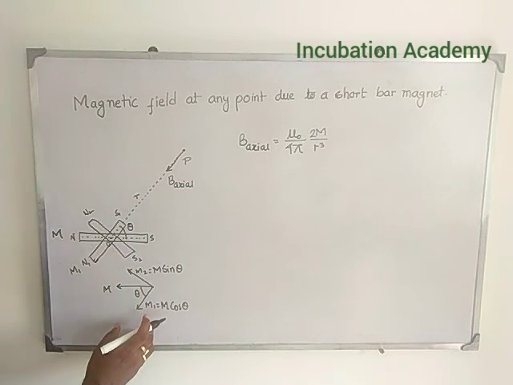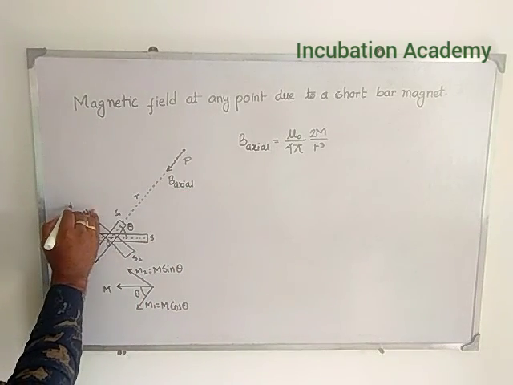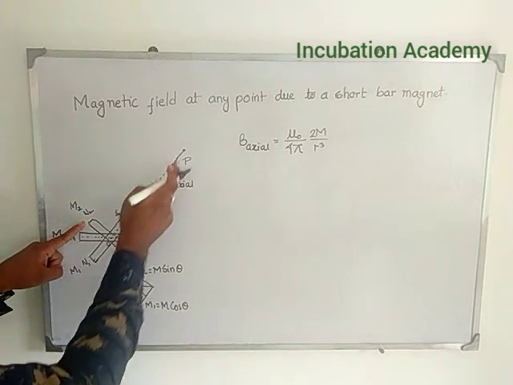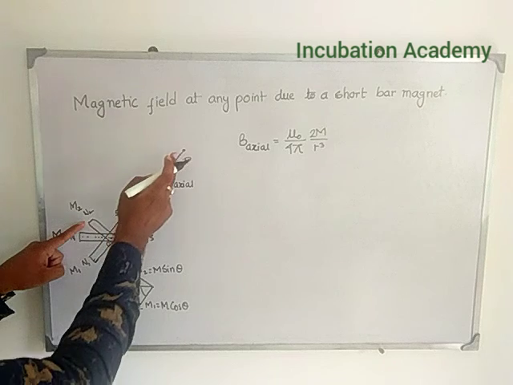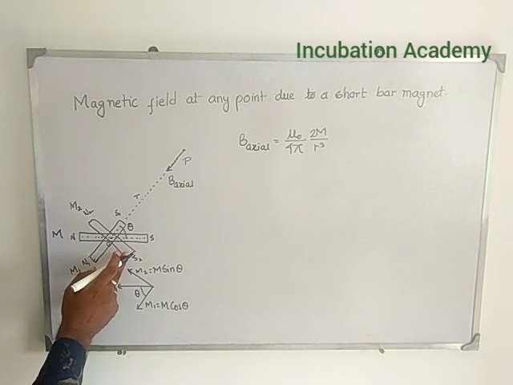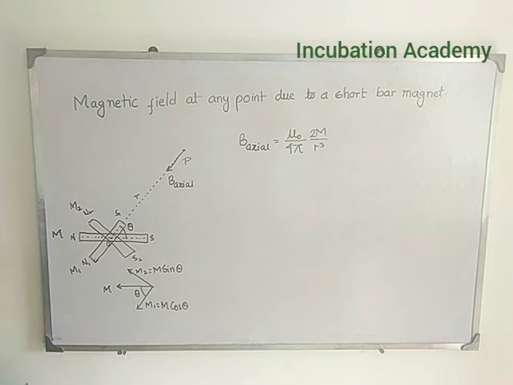Now let us consider this m2, the magnetic moment. This magnet is here and we have to find the magnetic field at that particular position. Magnetic moment is from south to north.